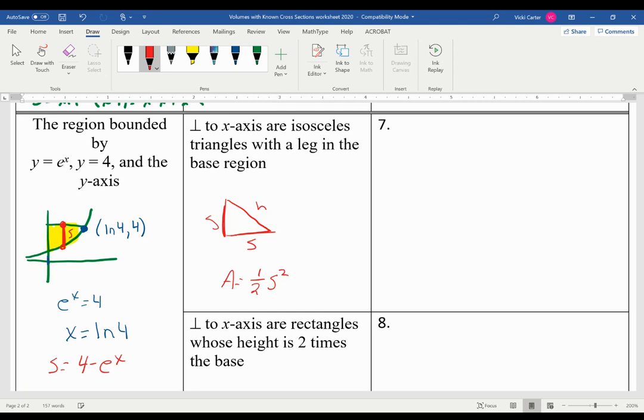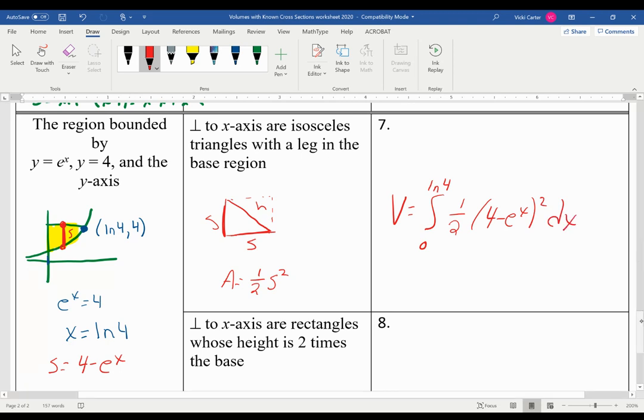If you remember from the video yesterday, I showed you how you could fold a square or cut a square in half and actually see that. So here's your square, this is half of it. That's why the area is 1/2 S squared. So our volume will be the integral from 0 to the natural log of 4 of 1/2 times S, which is 4 minus e to the x, squared, with respect to x. These should be pretty simple at this point.